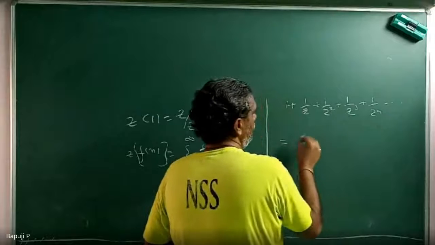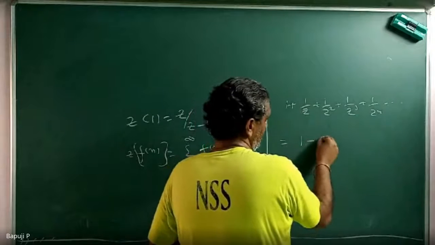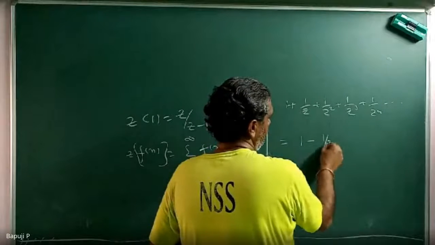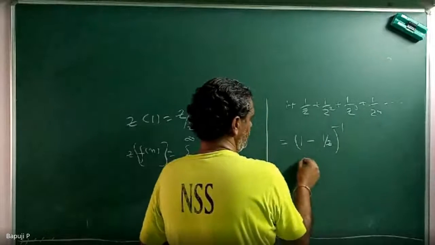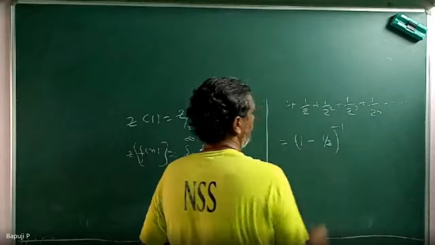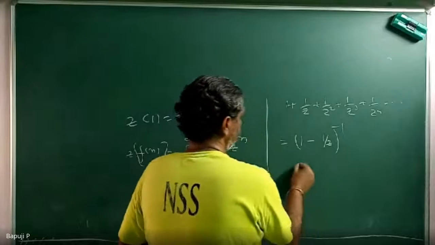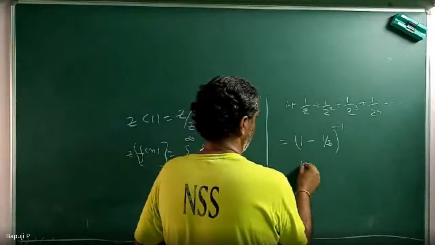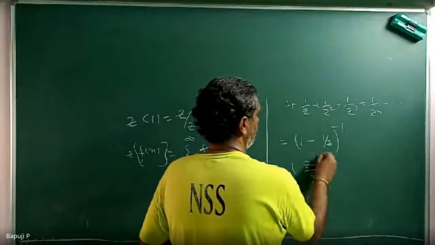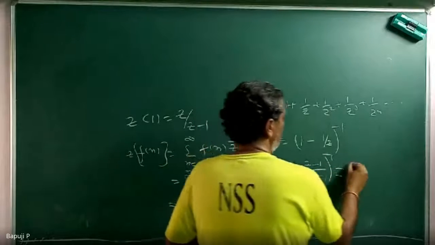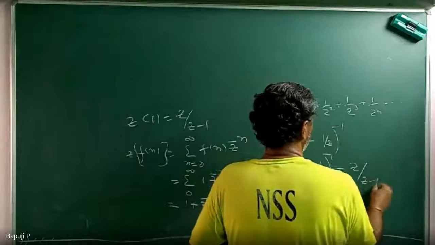So this is 1 minus x whole power minus 1. Who is my x? z to the power of minus 1. So this is equal to what if you take LCM? (z minus 1 by z) whole power minus 1. So this is nothing but z by z minus 1.